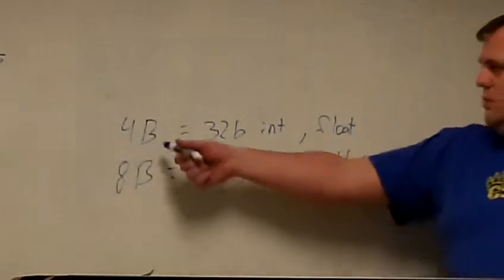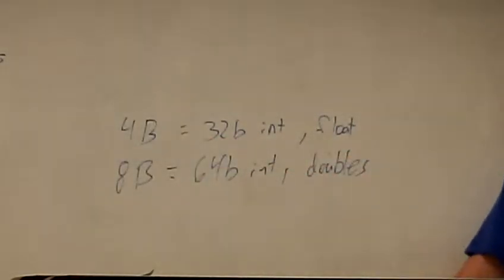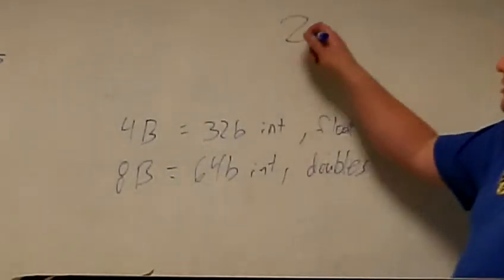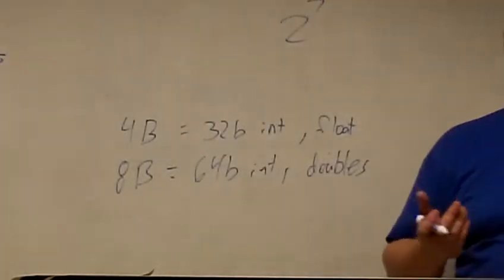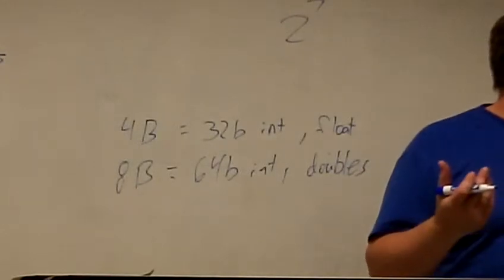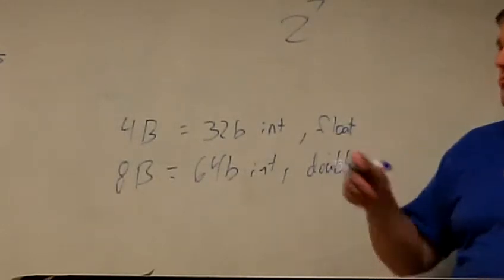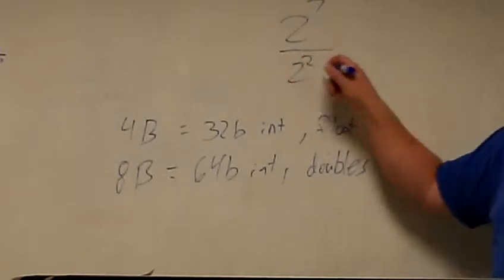So if I have 4-byte variables, how many variables can I fit in 128 bytes? 128 divided by 4, which is 32. Right? Don't make this harder than it is. 2 to the 7th is the size for 128, and you're going to divide by 4, which is 2 to the 2nd.